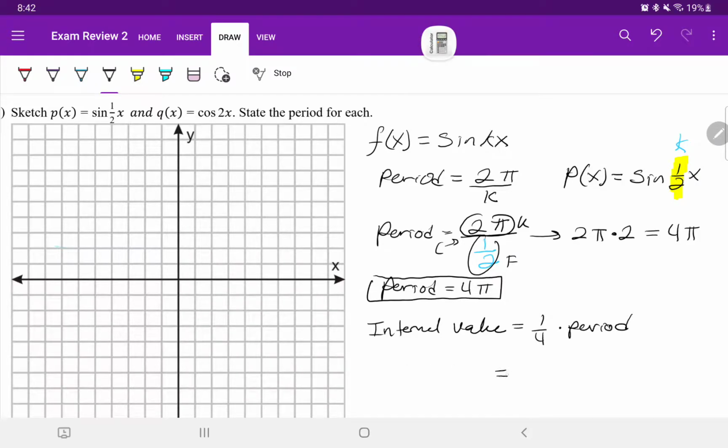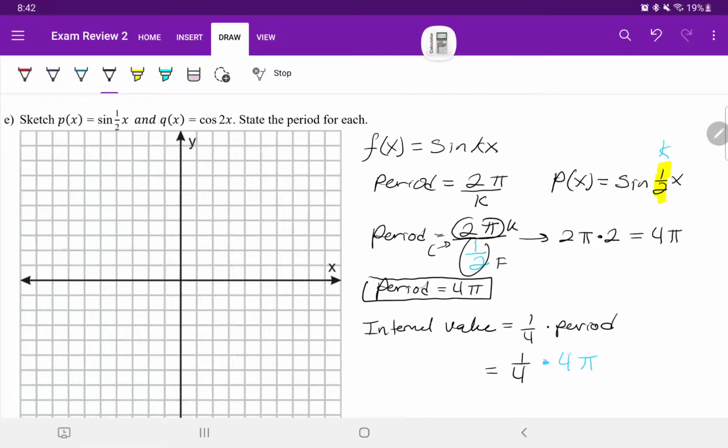My period in this case is 4 pi, so that's 1/4 times 4 pi. When I multiply that, that's 4 pi over 4, which equals pi. So the distance between each grid value will be a length of pi.